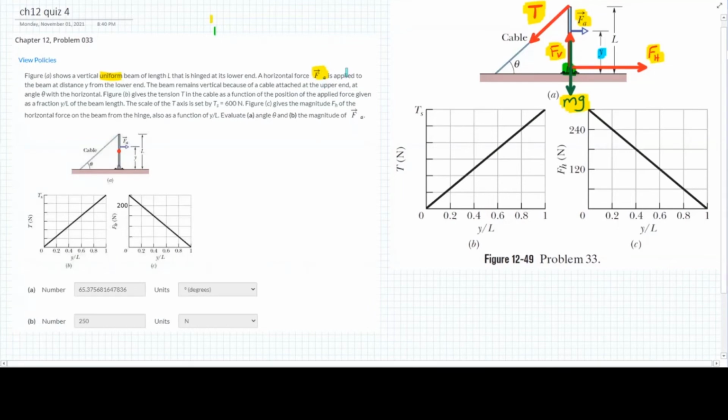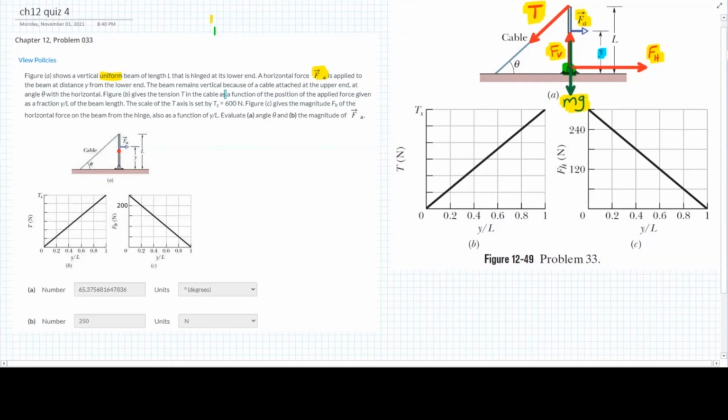It's just a given horizontal force that I can apply anywhere along that vertical beam. The beam remains vertical because of the cable attached at the upper end with the angle theta with respect to the horizontal. And then I have all these graphs.